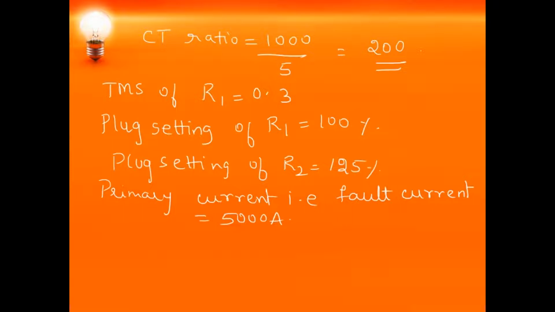So first we will find the operating time of R1. To find the operating time of R1, first we will find the operating time for TMS equal to 1, because we have the table given. Then we will multiply it by 0.3, which will give us the operating time of R1 for 0.3.